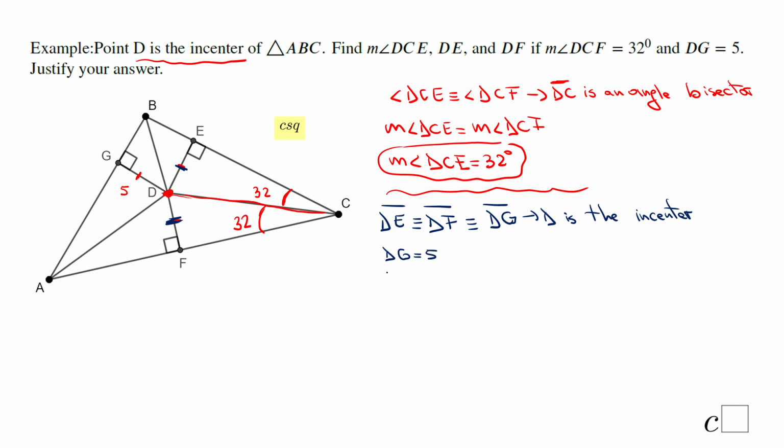So now, based on this statement, we know DE is equal to DF and is equal to DG, which is 5. So now we have the answer for the last two questions. DE is 5, and DF also is 5. These are the radii of the incircle.